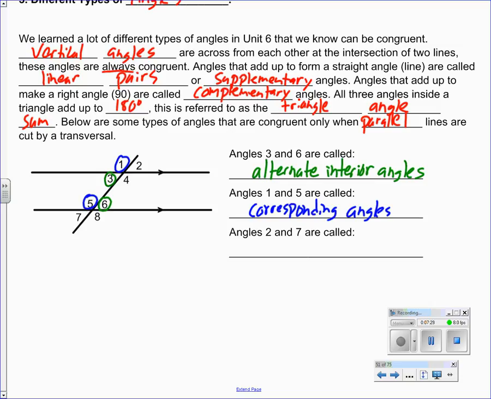And last, angles like 2 and 7, or 1 and 8 are called alternate exterior angles. They're on opposite sides of the transversal but outside of the lines. And these three types of angles will be congruent only if the lines are parallel.